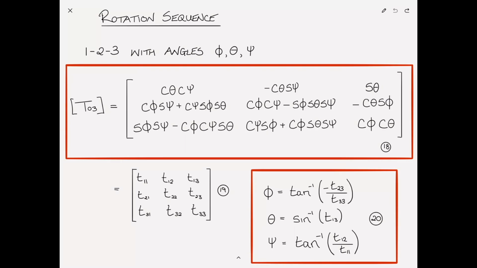But before we go, and just to expand on this topic a little bit and maybe to galvanize your understanding, let's have a look at omega, which I'll call the rotational rates, versus Euler angles, or really Euler angle rates. Now, what do I mean by this? In many aerospace situations, you're going to have an onboard device, which is an accelerometer and a gyro, commonly referred to as an IMU, or an inertial measurement unit.